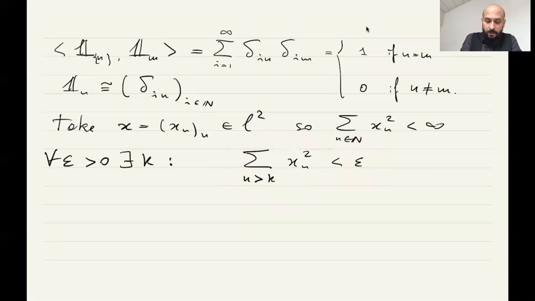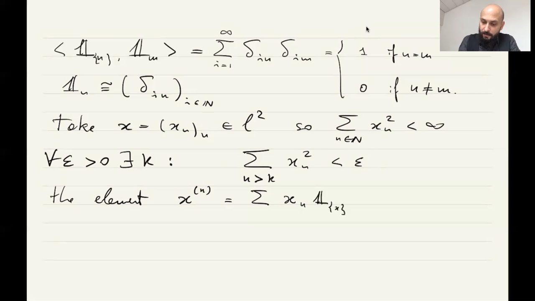So now, let's call the element x_k, the sequence that is the sum of x_n times the characteristic of n, for n from 1 to k. So this is the sequence x_1, x_2 up to x_k, and then it's 0.